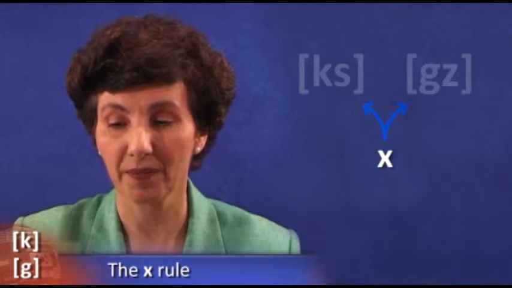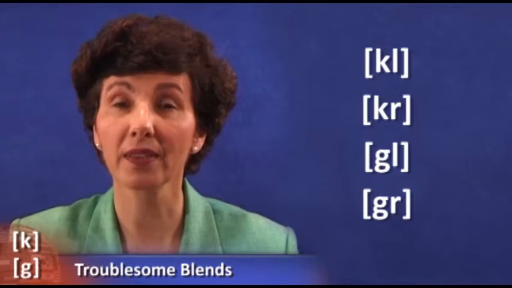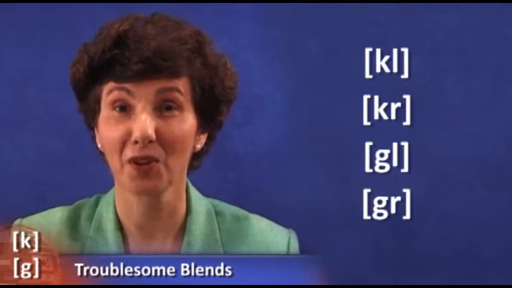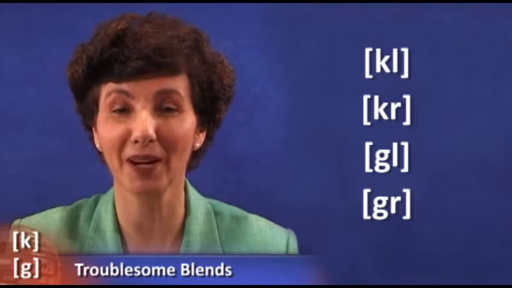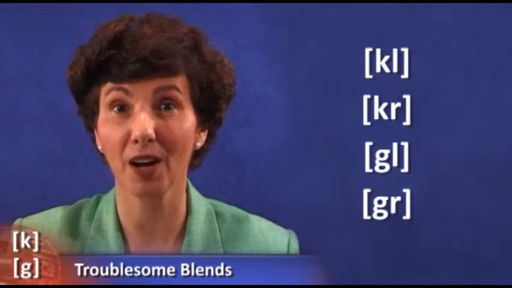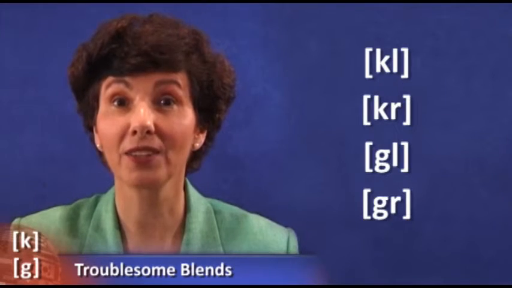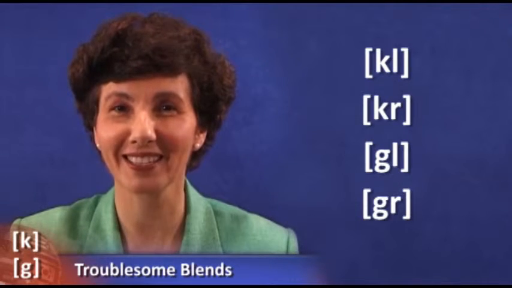All right, moving on then to some difficult blends. Now the sound K by itself or G by itself might be difficult, but they're particularly difficult when you combine them with other letters. And on this slide, I have put together some combinations. What I'd like to do is read down the list slowly and give you time to make the sounds.